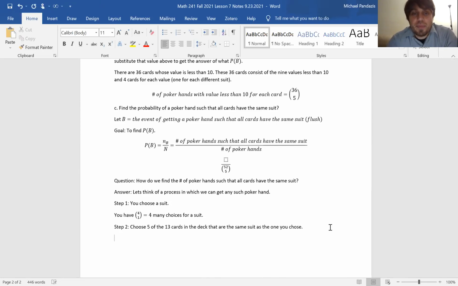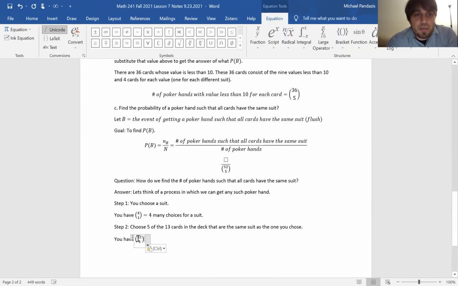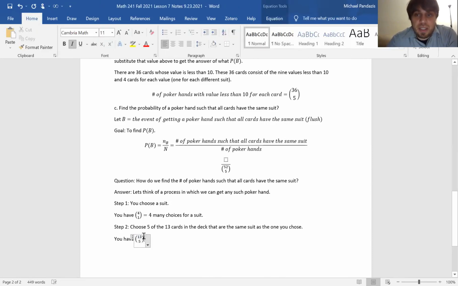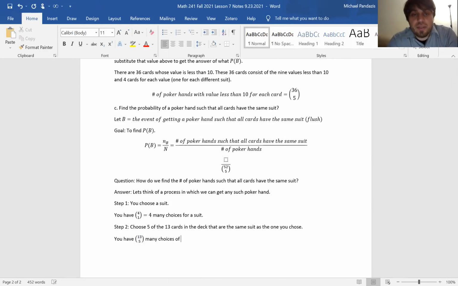So you have 13C5 many choices of 5 cards of the selected suit.